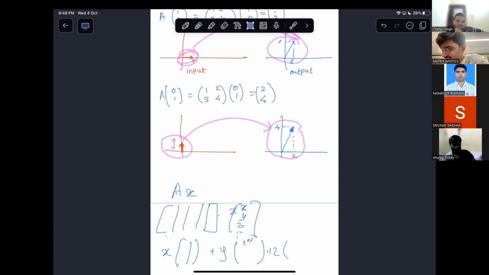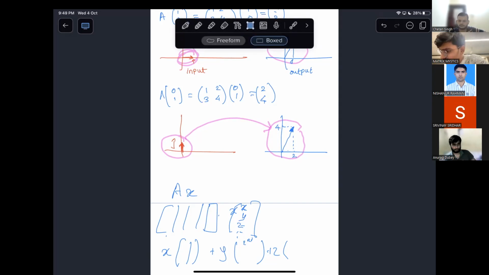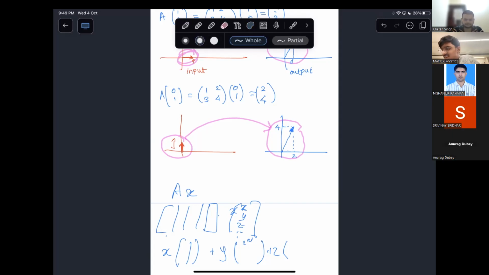So I can think about a matrix as, let's say we are only working with a 2 cross 2 matrix: the first column tells me where it takes (1, 0), which is nothing but i cap, and the second column tells me where it takes (0, 1) in the blue plane.